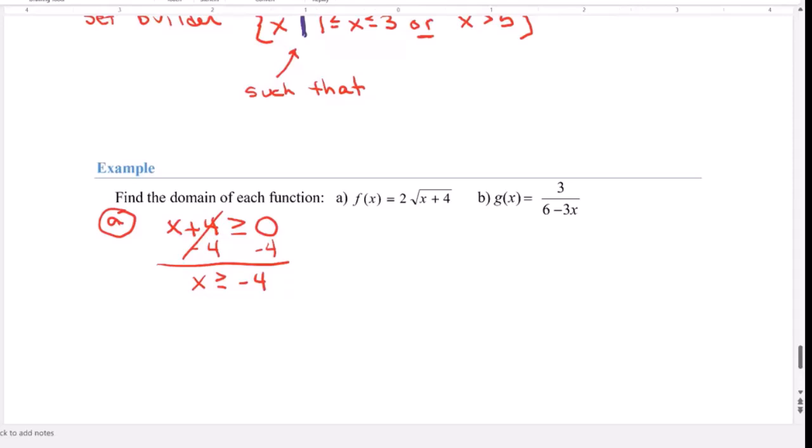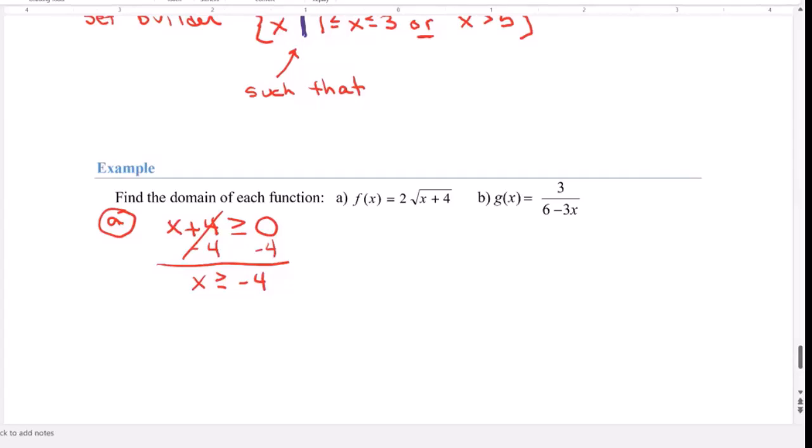So the whole thing becomes 0. If x is negative 3, sure, then I have the square root of 1 times 2 is 2. But if x is less than negative 4, if x is negative 5, it won't work because negative 5 plus 4 equals negative 1. The square root of negative 1 is not a real number. So, nope, can't do it.